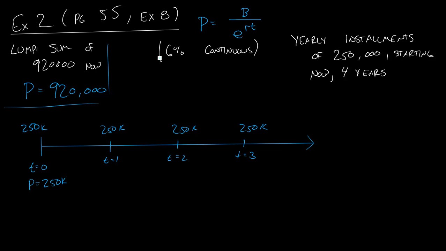That was for continuous interest, right? And so the present value of this is going to be 250,000 divided by e to the 0.06 times 1, right? Because we're only going back 1 year. This one here would be 250,000 divided by e to the 0.06 times 2, and this last one would be the same thing, but times 3 at the end.